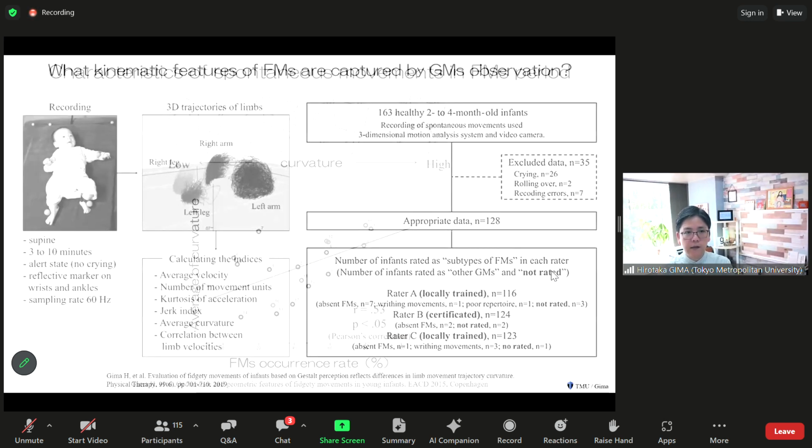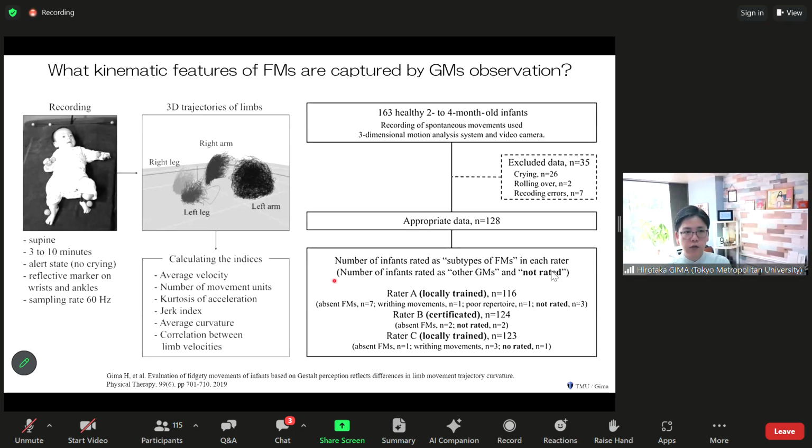A larger study on the relationship between fidgety movements and curvature characteristics of limb movement was performed in the paper shown on this slide. The study involved 163 infants and 3 specialists for GM assessment.